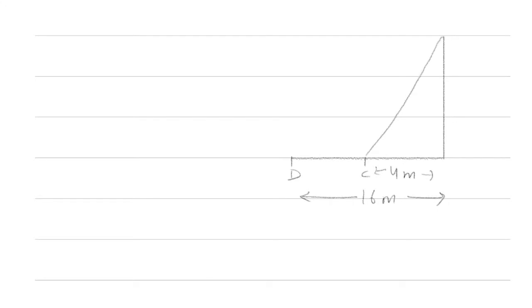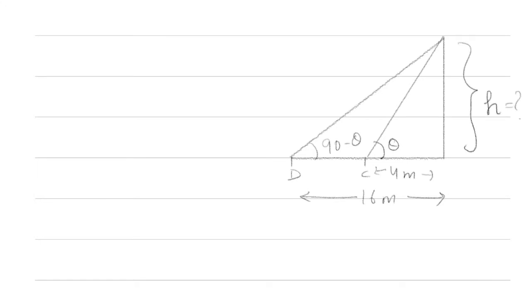Angles of elevation from C and D are complementary. So suppose this angle is theta, this will be 90 minus theta, and we have to find the height of the tower. Let's name the vertices. So let this be AB.